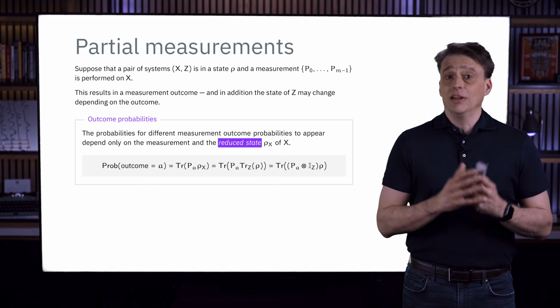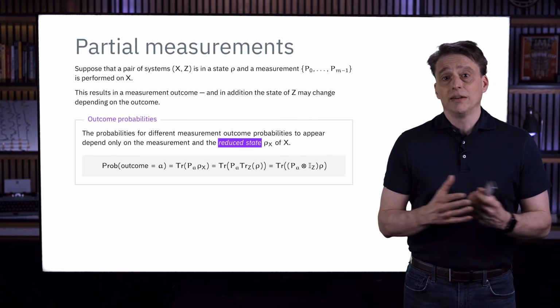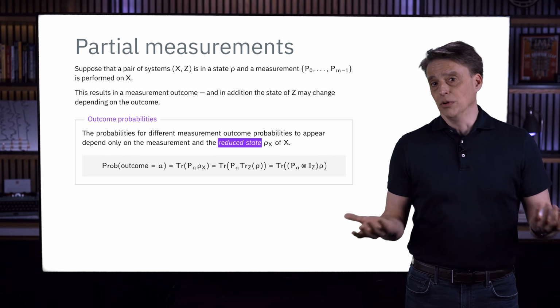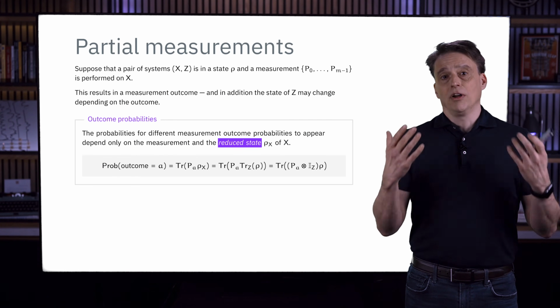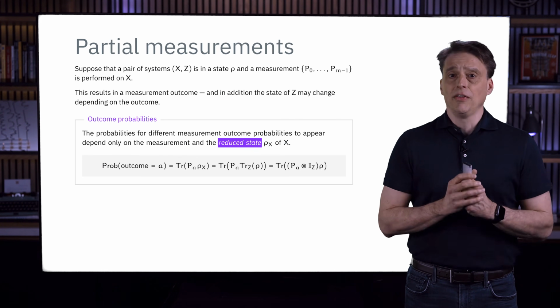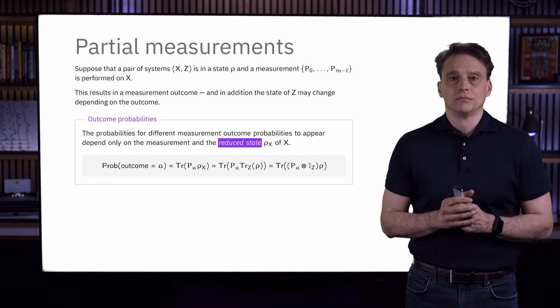And although it might not be immediately obvious, the expression we get can alternatively be written as is shown on the screen. It's the trace of PA tensored with the identity matrix on the system Z times rho.